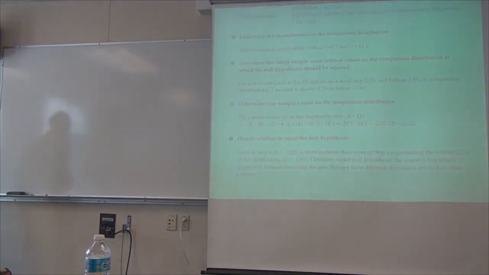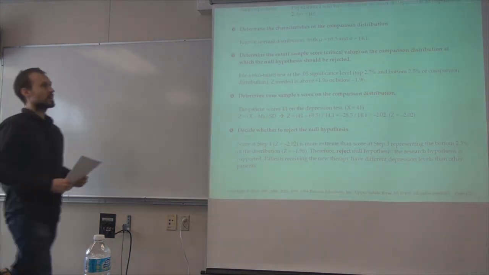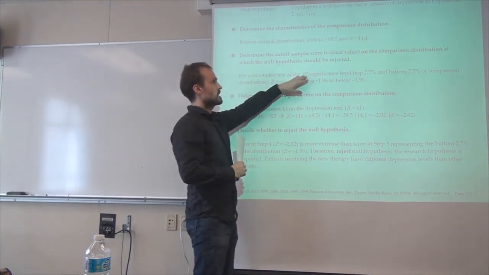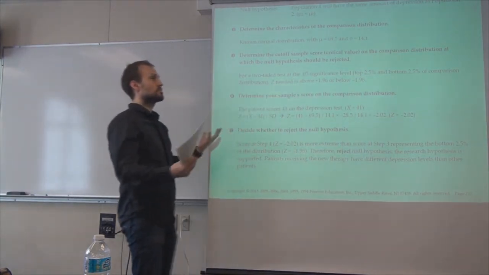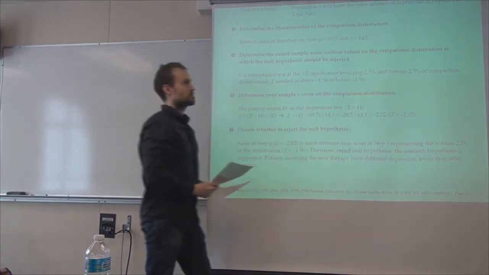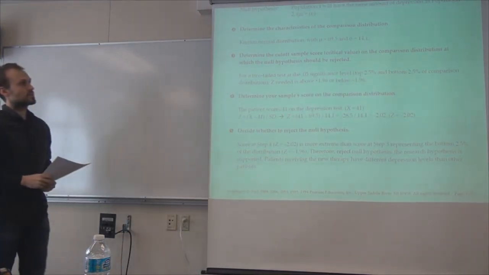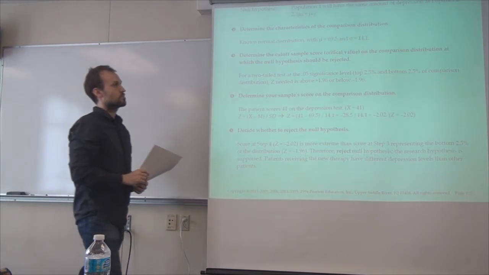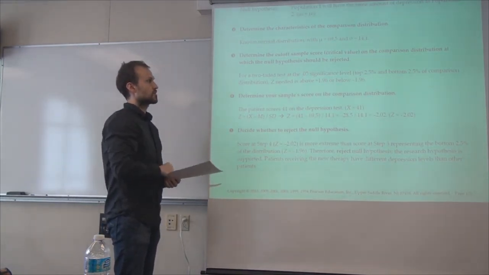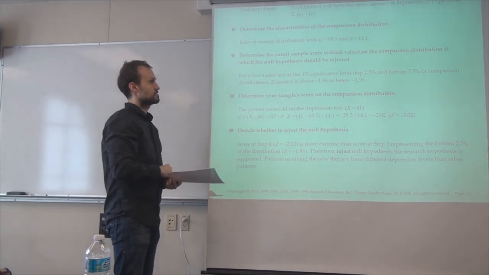So I determine my cutoff, my significance level, let's say 5%. And now because I'm doing a two-tailed test, I have a top 2.5% and a bottom 2.5%, giving me the z-score of 1.96 as my critical score.